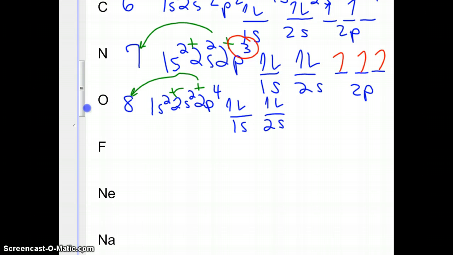You always start off with 1s2, 2s2, and this time we have 2p4. So I'm going to put up, up, up, and now my fourth electron goes down. So that's when they're in opposite spins and they can coexist in that orbital. Will you go ahead and do fluorine and neon? And maybe Mr. Reef can hit the pause button.